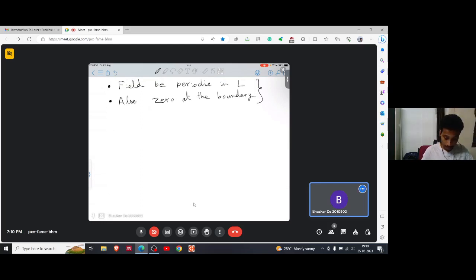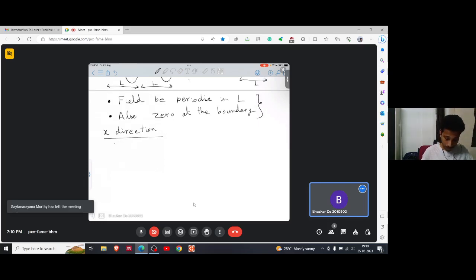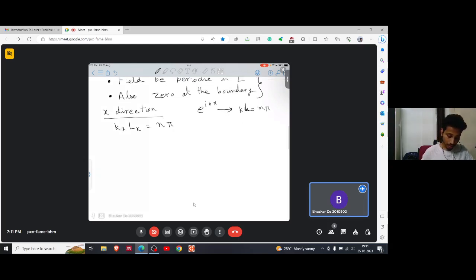So in the x direction, kx Lx equal to n pi. So basically from e to the power i kx, the condition will be kx Lx equal to n pi.